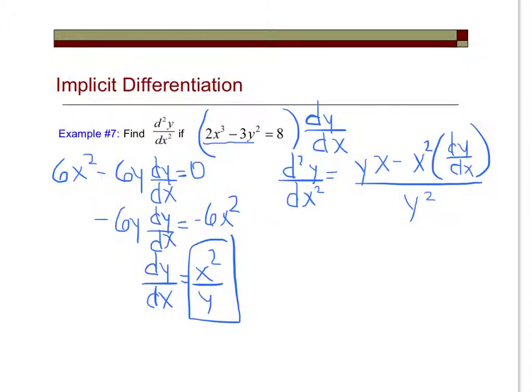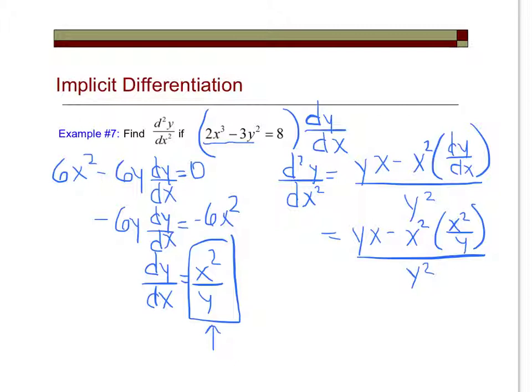y squared. Okay, so for this function then, my goal is to simplify this. Now notice I have a dy/dx there. What am I going to do with that? Well, we know that dy/dx has a value of x squared over y, so I can substitute that in. So dy/dx is x squared over y, all divided by y squared.